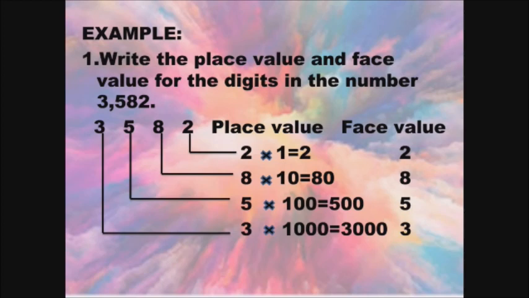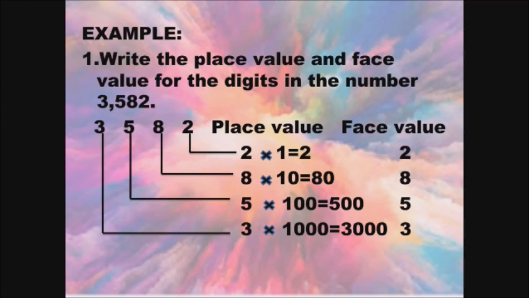Let's see this example for place value and face value. Write the place value and face value for the digits in the number. Here they have given 3582. So we have to write the place value first. First we can start with ones place. So in ones place the number is 2. So 2 into 1 is equal to 2. The next number is 8.